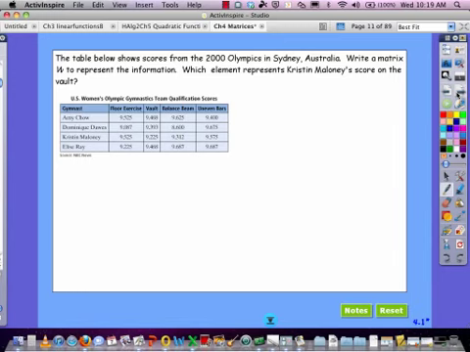Here's another one. From the 2000 Olympics in Sydney, you have the scores and all the girls who were on the Olympic gymnastic team. And so we could ask you, in this case, just looking at the data, it's sort of a matrix in itself. It says you can write a matrix to represent the information, but if we did, which element represents Kristen Maloney's score on the vault?